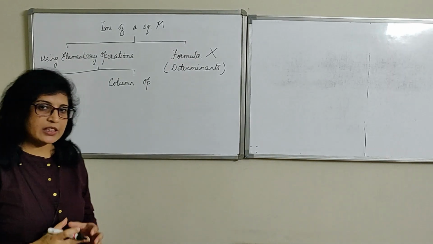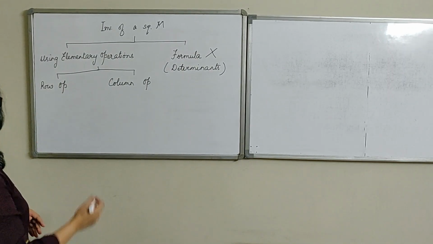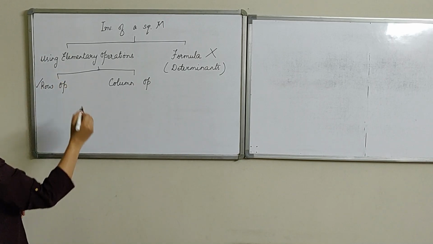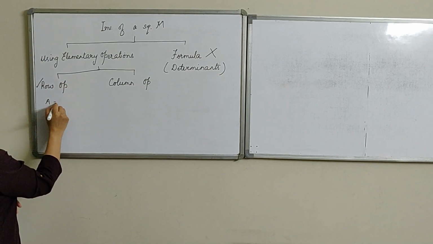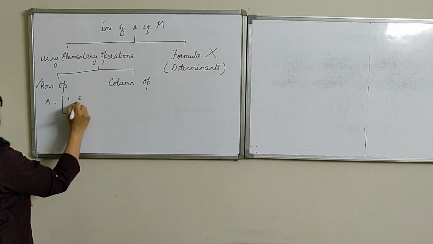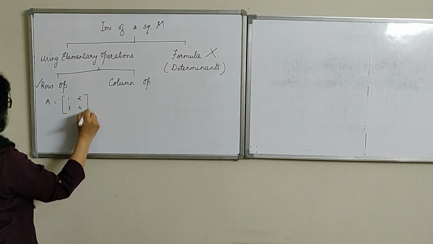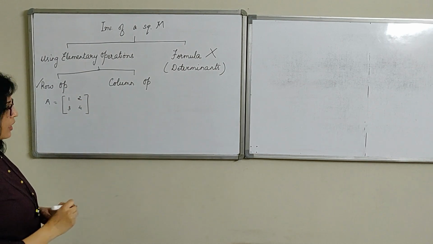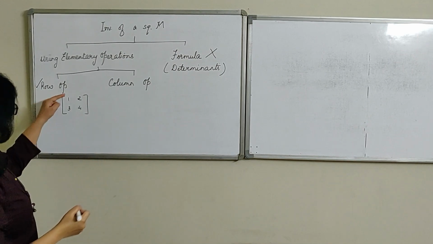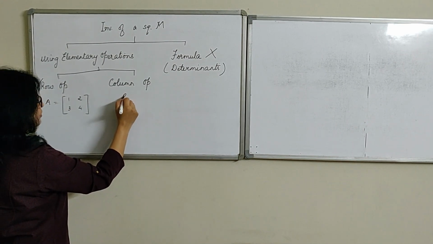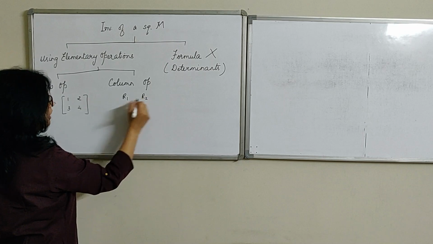Let us understand these operations with an example. So I'll start with row operations. If we have a square matrix of this kind, then for the row operations, because there are two rows, we'll represent these rows as R1 and R2.